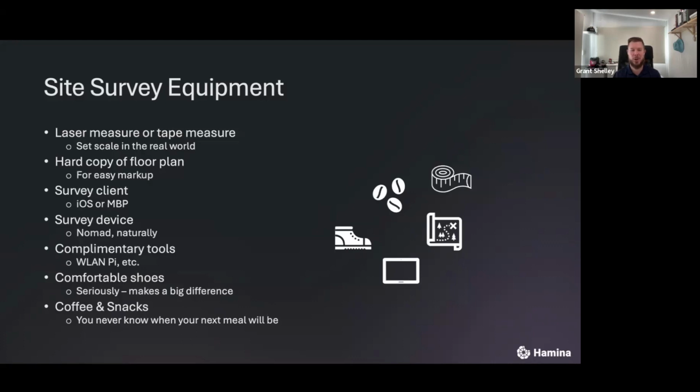An ex-colleague a long time ago said to me, "You never know when your next meal will be." So we'd always pack muesli bars, and that's very true because sometimes when you're doing a survey, you may be on site far longer than you expected, and we'll talk about some of the considerations on the next slide. You may not be able to enter rooms when you actually want to, so you may be waiting around for longer periods of time.